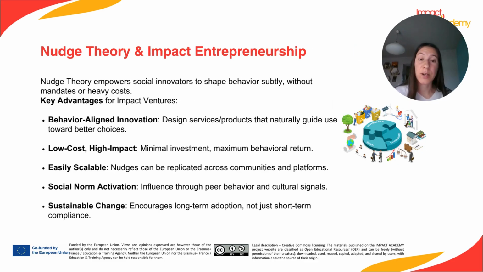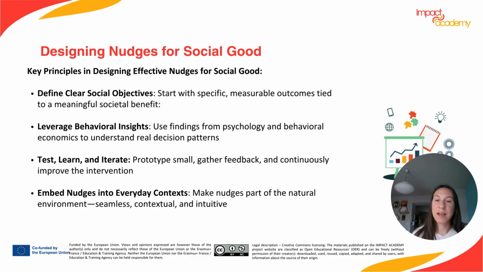Let's see what the key advantages are for impact ventures: behavior aligned innovation, low cost, high impact, easily scalable, social norms activation, and sustainable change. When designing nudges for social good, we have to bear in mind key principles. For example, define a clear social objective.